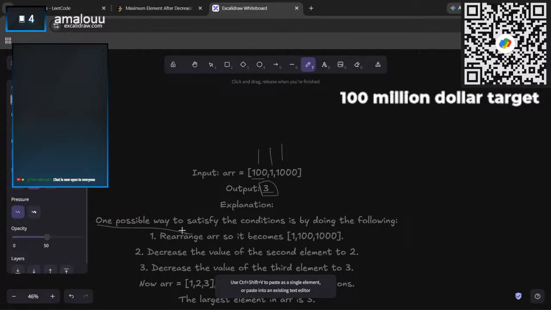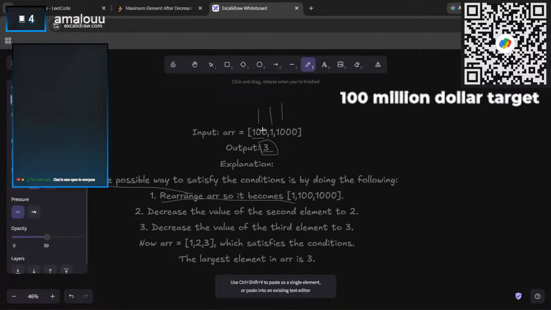One possible way to satisfy the condition is by doing the following: rearrange so it becomes 1, and we have only 2000 again. And decrease the value of the second element to 2. How are they decreasing this to 2?